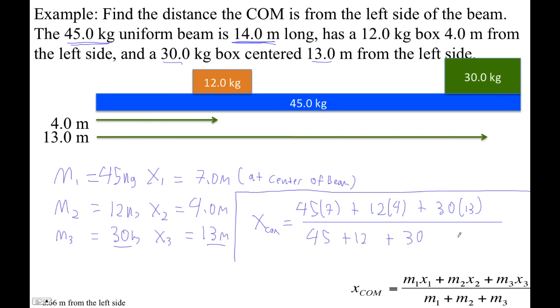Now just be careful when you type this into your calculator. You can either do the fraction thing, the alpha F1 on your TI-84s with the new OS, and make it look like this fraction, and then you have no problems.